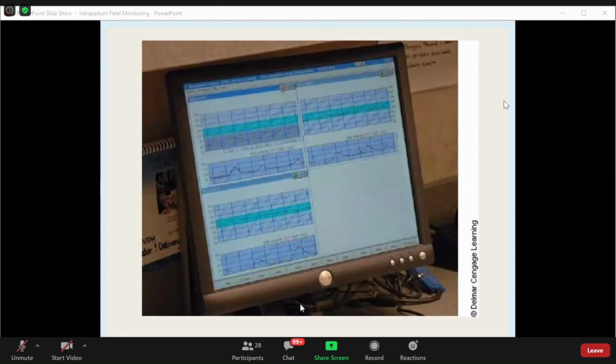For most hospital setups, even though you have your patient connected to their individual monitors in their rooms, at the nurse's station, and very often within the patient's rooms, you can pull up the screens from other patients' rooms. So let's say you are in room 101 and you're wondering what's happening with the contraction pattern for your patient in 103, you can pull that up on the screen so you don't have to keep going into every single room. Or maybe you're at the nurse's station sipping your coffee for a few minutes, you can bring up all of your patients and monitor what's going on.